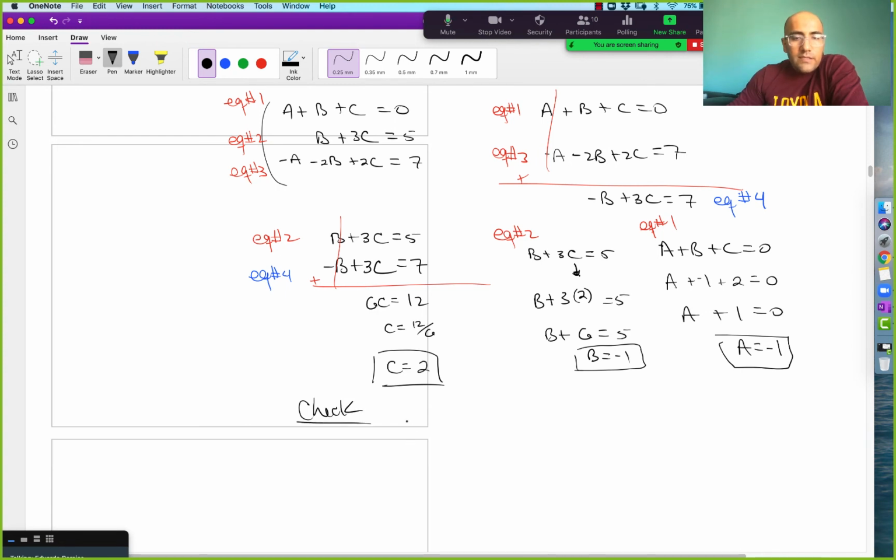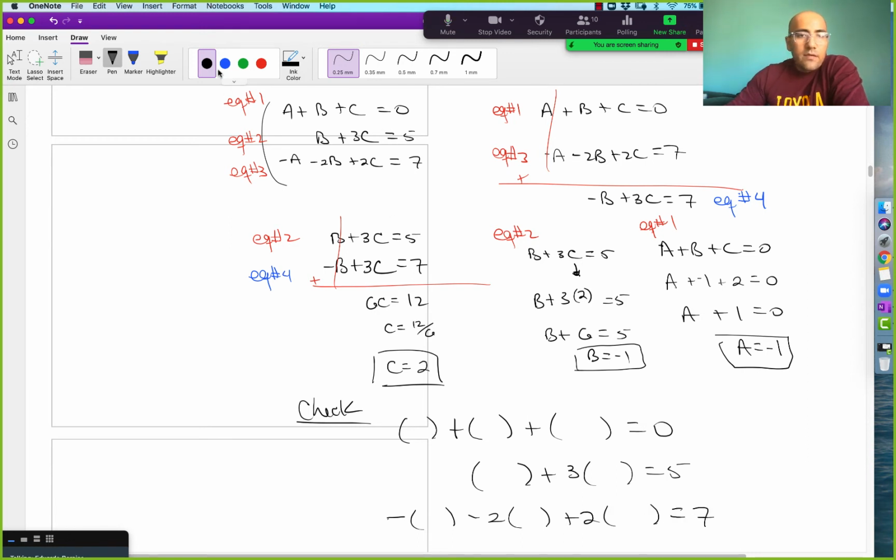Let's see, blank plus blank plus blank equals 0, and also blank plus 3 times blank must be 5, but also minus blank minus 2 times blank plus 2 times blank must be 7. Let's see if these all make sense: -1, -1, and 2.